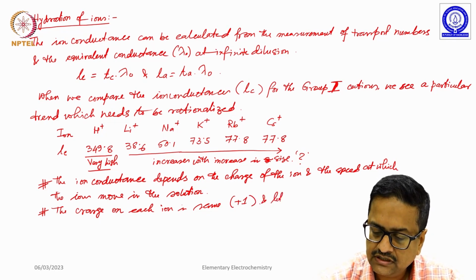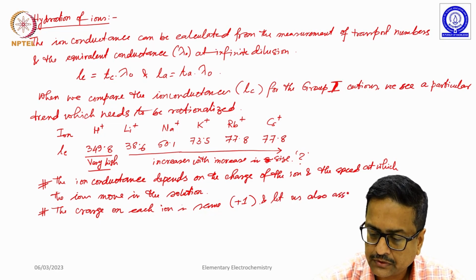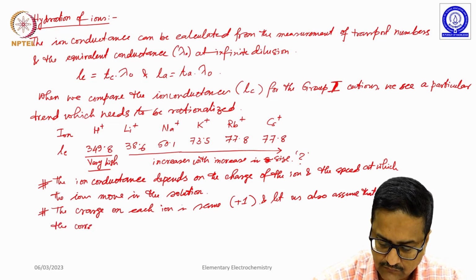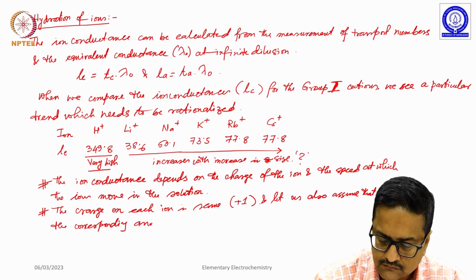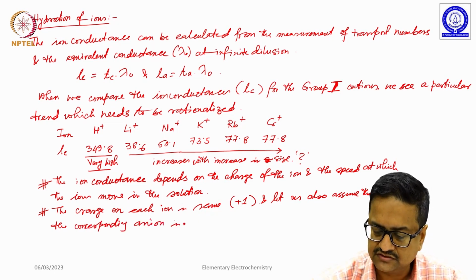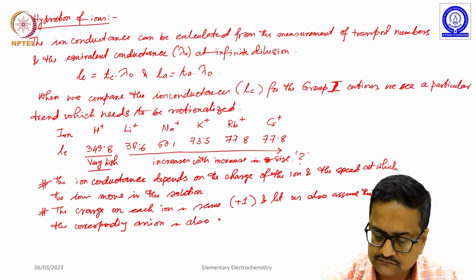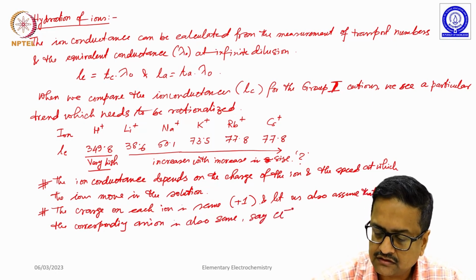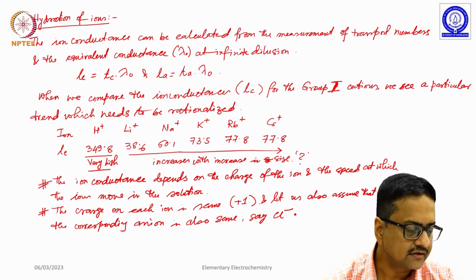And let us also assume that the corresponding anion is also the same, say Cl minus, chloride anion.